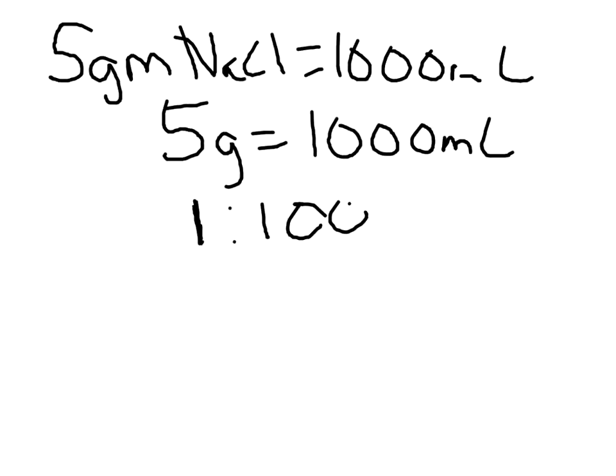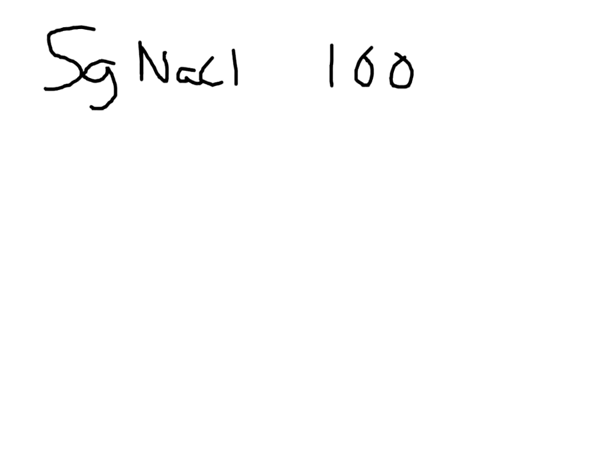But then the problem states for us that we only need 500 mils of the solution. We don't need this whole 1,000. We only want 500 mils of it. So then we have to figure out how much sodium chloride we need. Okay, so again, we have 5 grams of sodium chloride. We have 1,000 mils of a solution.